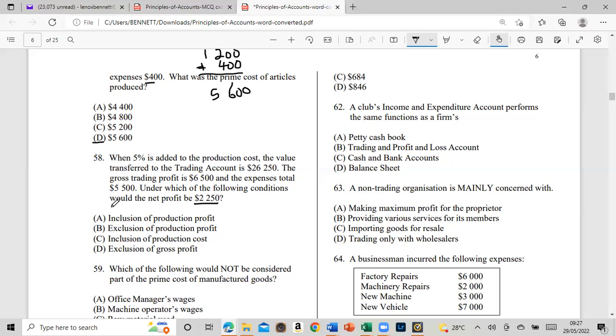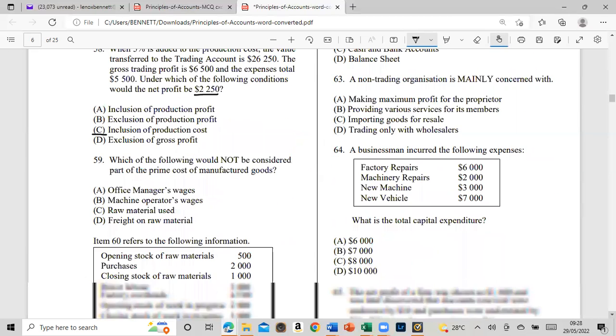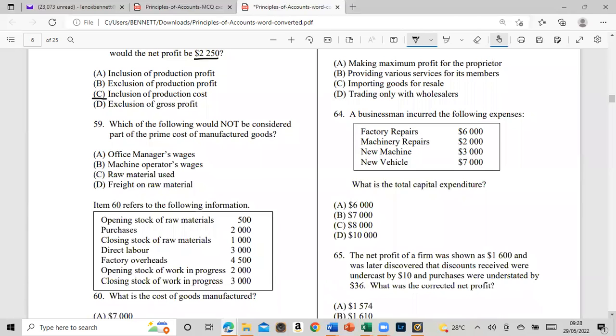And that would be C, inclusion of the production cost. So that one was really more content based. Right. Let's move on to 59.